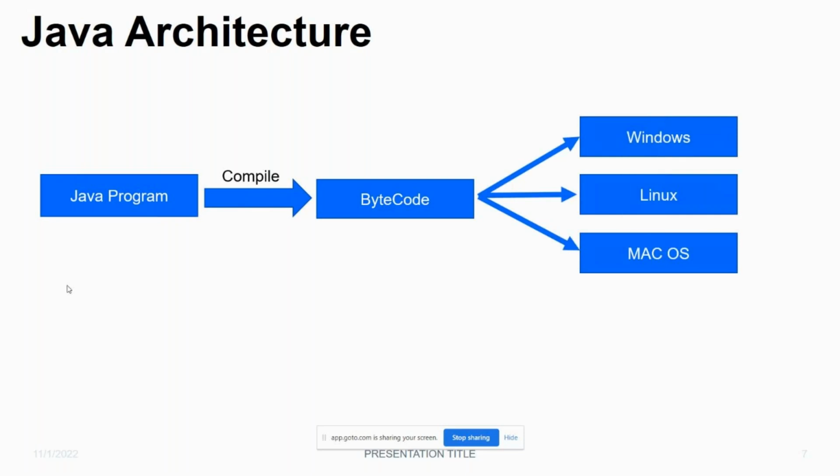According to your operating system, this can be used for your executions. If it is Windows, you can execute it on Windows. If it is Linux, you can do the same. What that means is write once: only once you write the program, and execute it multiple times. That is what I'm trying to communicate with the help of this.